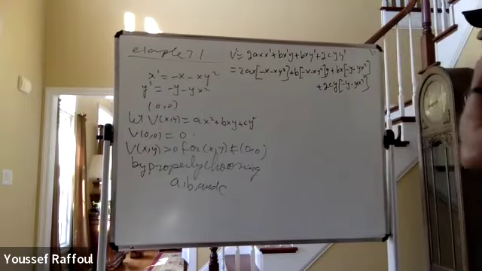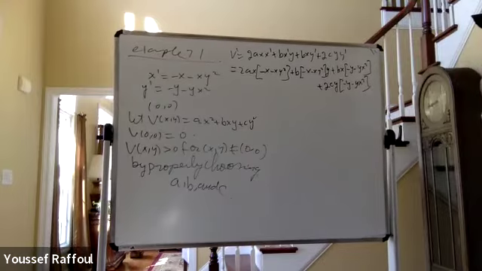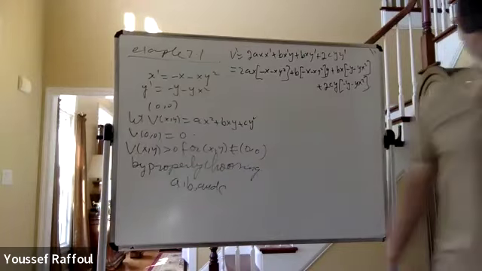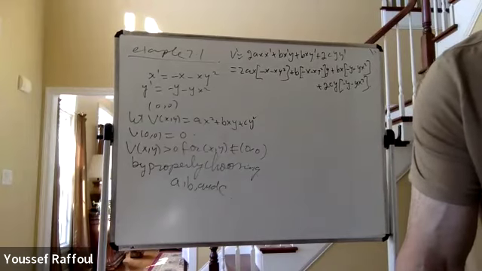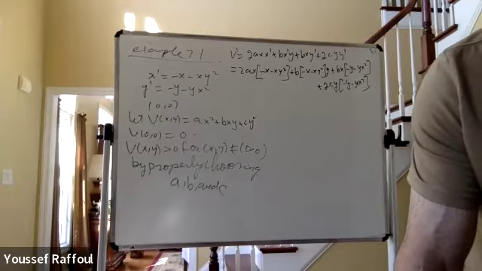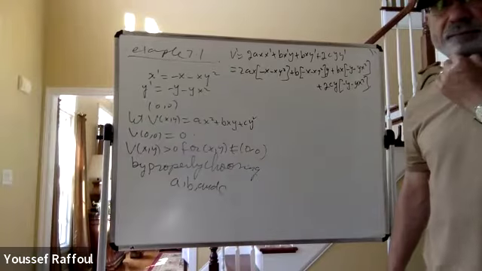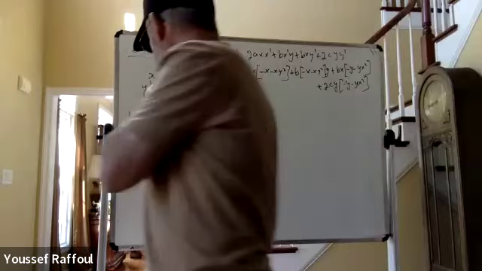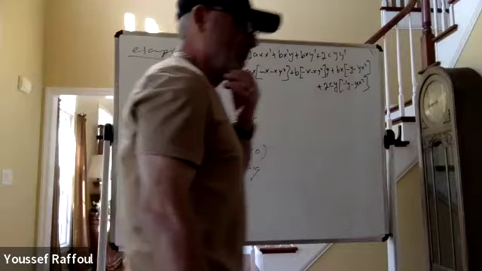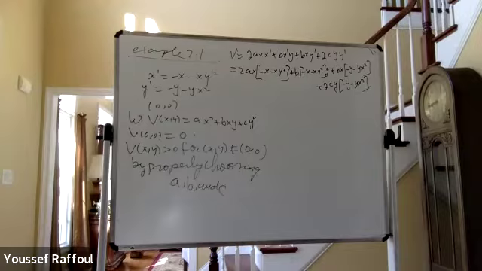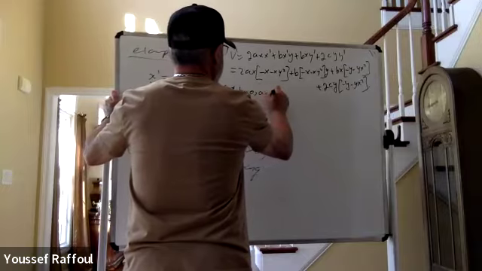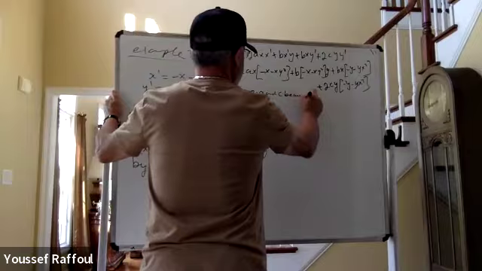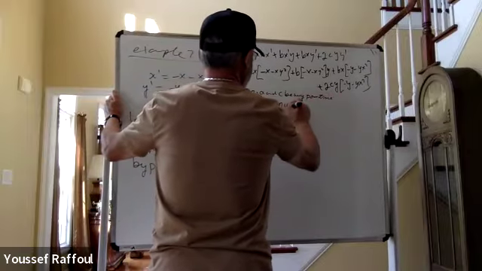Okay? All right, so this is our V. So let us choose B equals 0, A and C be any positive numbers.